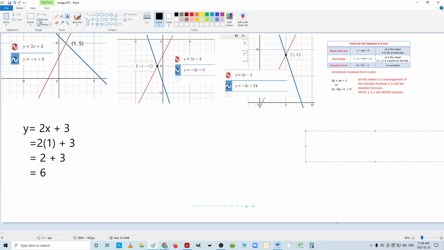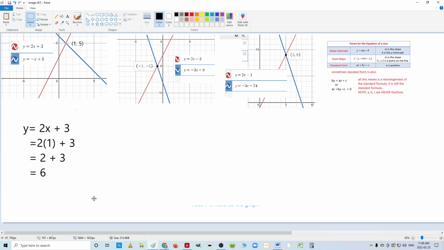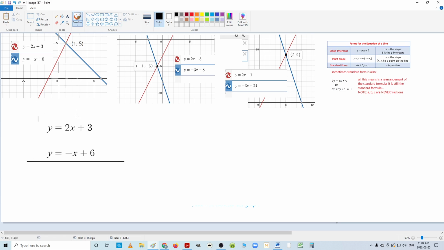Let's look at another way to do it. This is the alternative way. Notice that the y's here both have a 1 in front of them technically. You don't see anything, and that's the invisible 1. There's always an invisible 1 multiplying the y up here. Well, I want you to pretend this is a great big subtraction table. And we're going to take everything up here and subtract every y down here.